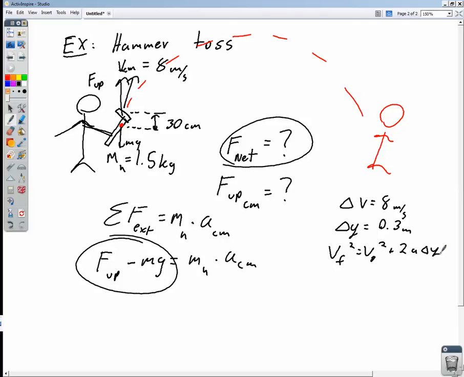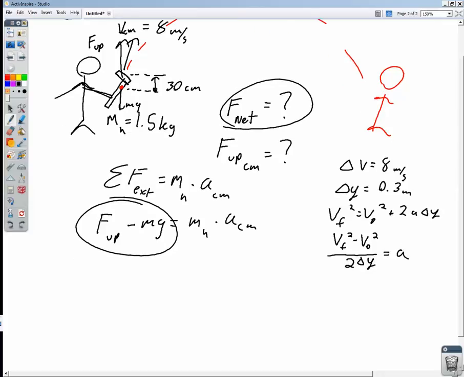We're solving here for a, so we get v final squared minus v naught squared, divided by 2 delta y, is equal to a. So plugging in numbers here, we've got 8 squared divided by 2 times 0.3 is equal to the acceleration of the center of mass of the hammer.